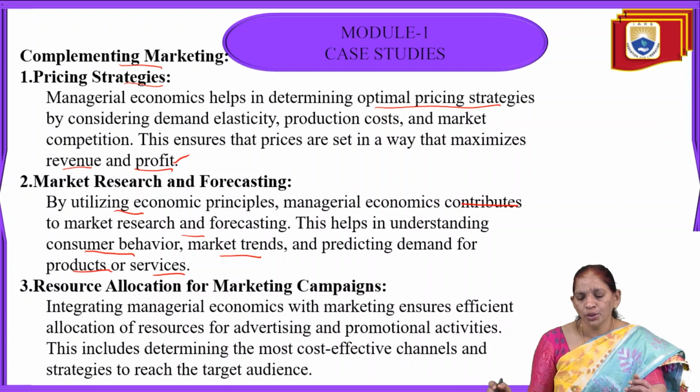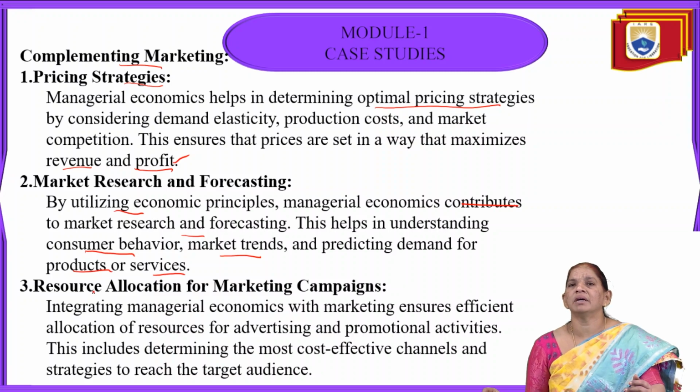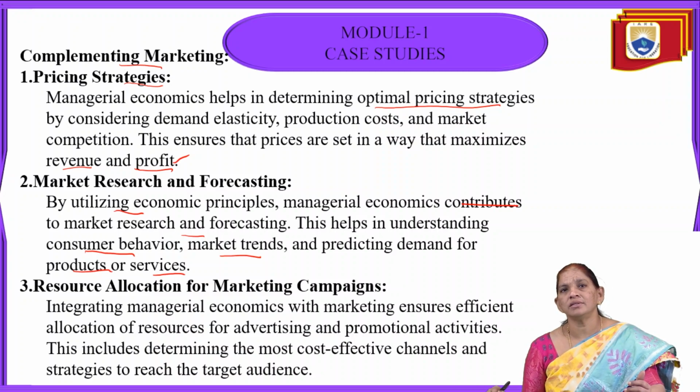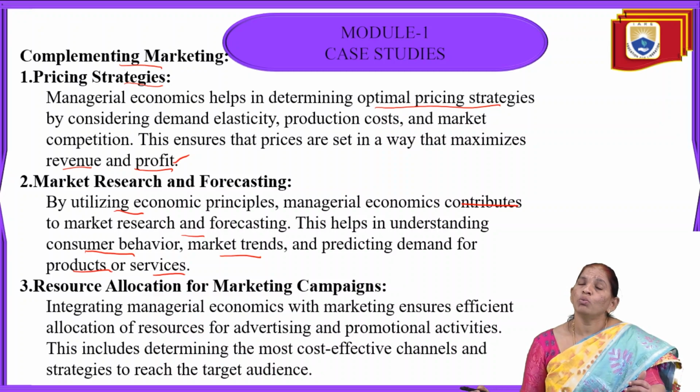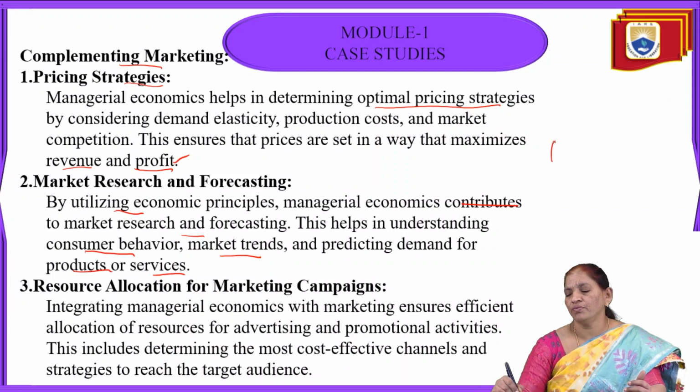And relating to this, the third one is resource allocation for market campaigning. So with external marketing conditions, not only should we focus upon pricing strategies and at the same time research and forecasting, we have to identify the cost of advertisement, or we should go for the ad cost.